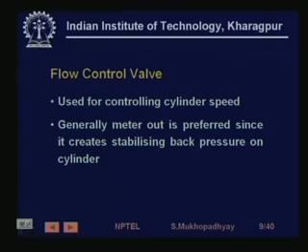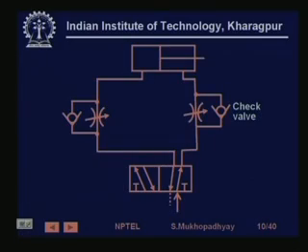Generally, people sometimes prefer putting it in the outgoing flow, because that creates a back pressure which stabilizes the motion of the cylinder. So, the moment the cylinder tends to move faster, immediately the flow control valve develops some pressure which tends to decelerate the cylinder. So it's a kind of negative feedback, and it will stabilize the cylinder motion.